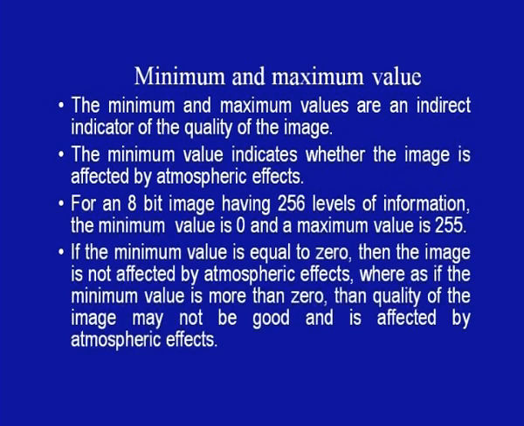If the minimum value is equal to 0, then the image is not affected by atmospheric effects, whereas if the minimum value is more than 0, the quality of the image may be affected and may not be good, and it is affected by atmospheric effects.